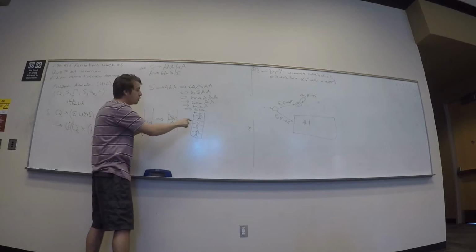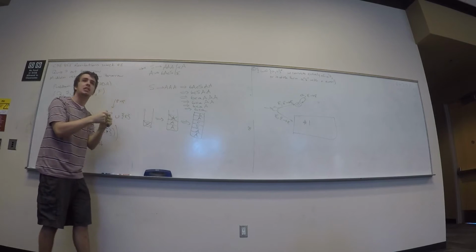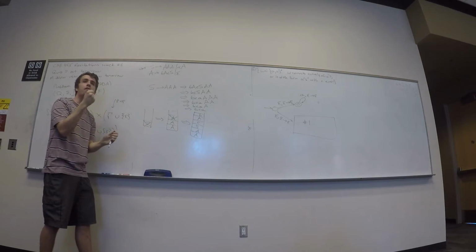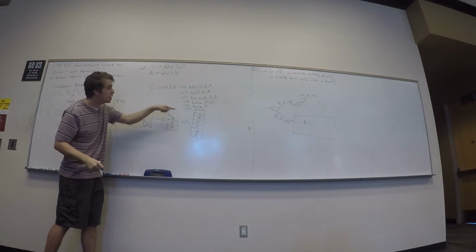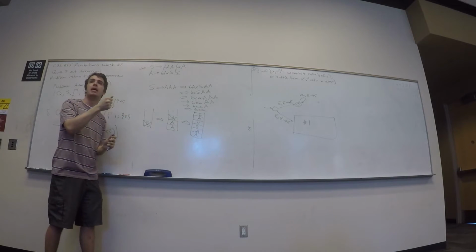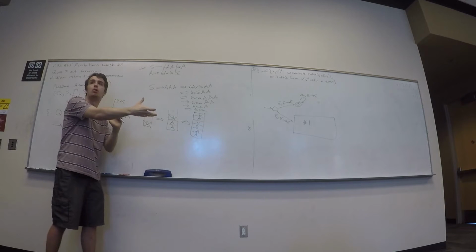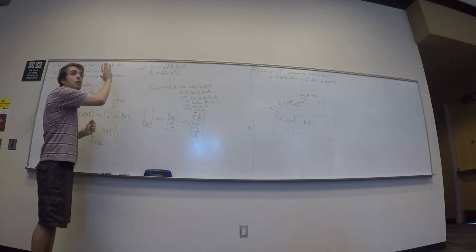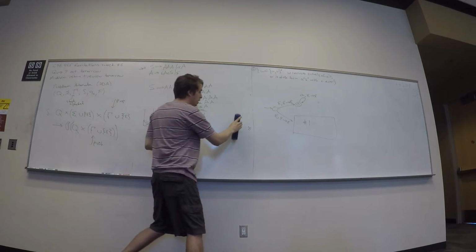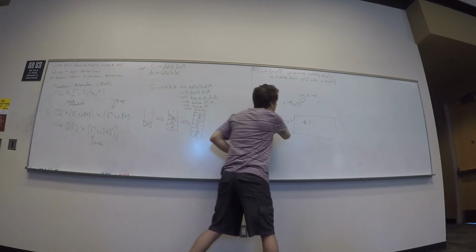So all I'm going to do here is, if the terminal is on the stack, I'm going to read it off of the input and pop it at the same time. If there's a variable, I'm going to do a replacement with some rule corresponding to it. Cool. So let's actually convert this CFG to a PDA.